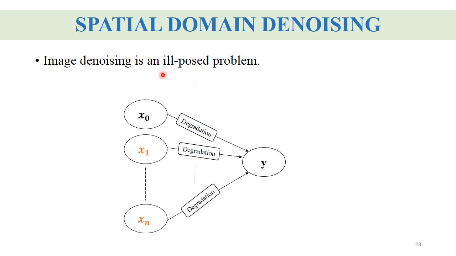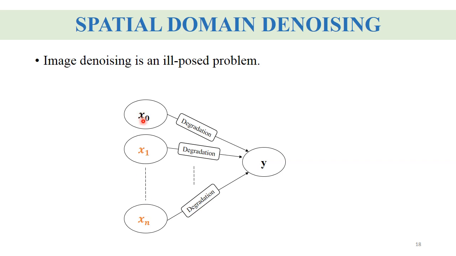The ill-posed concept says we have the degraded representation, but we don't know anything about how it got degraded or from where this degradation occurred. This diagram is going to realize this ill-posed problem. How is it done? Y is the degraded representation, and how can we get this Y? There are several possibilities.